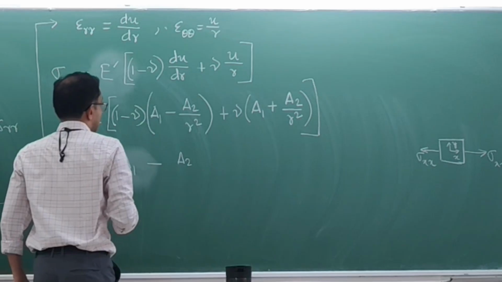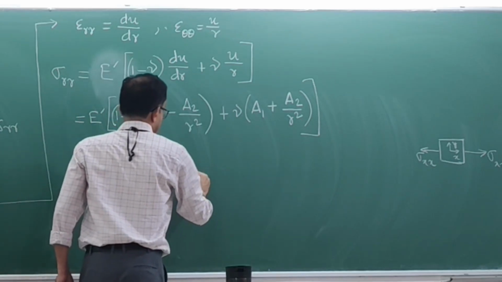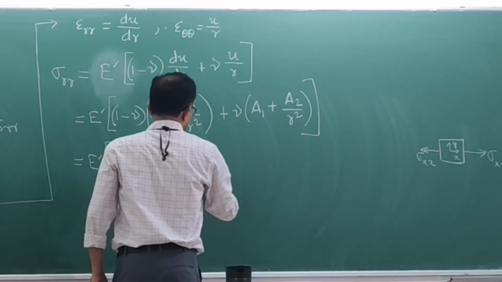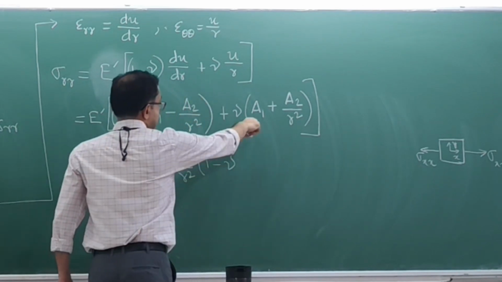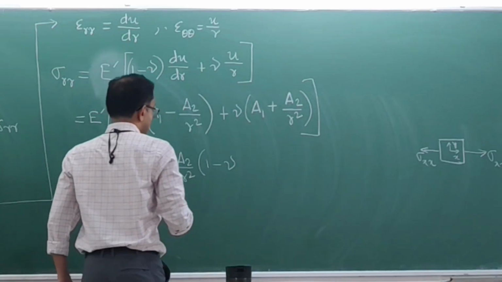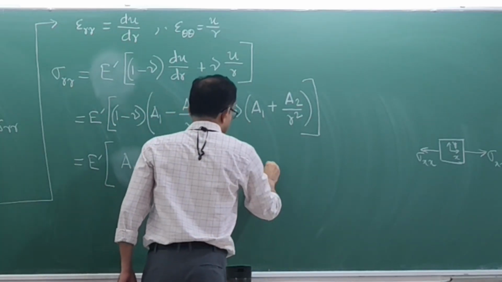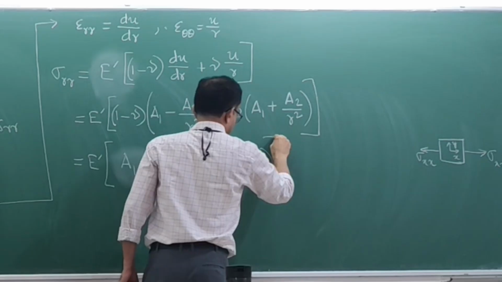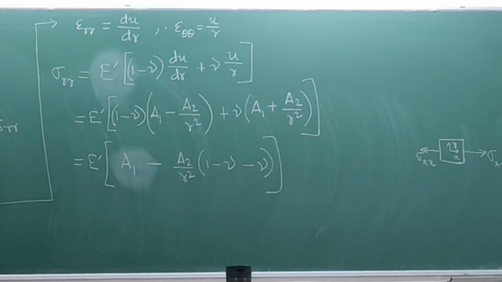This one will be with a 1 minus nu, and this is plus nu, so this one will be minus nu. Right? That's it.